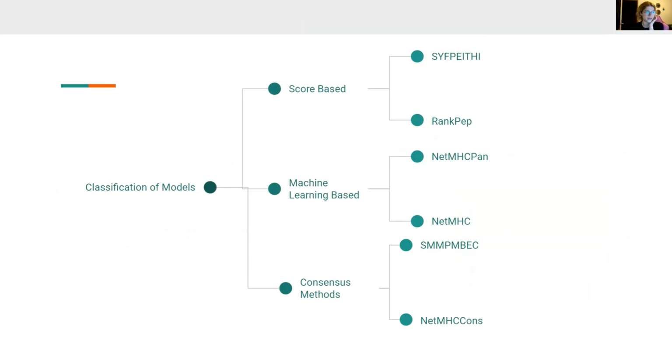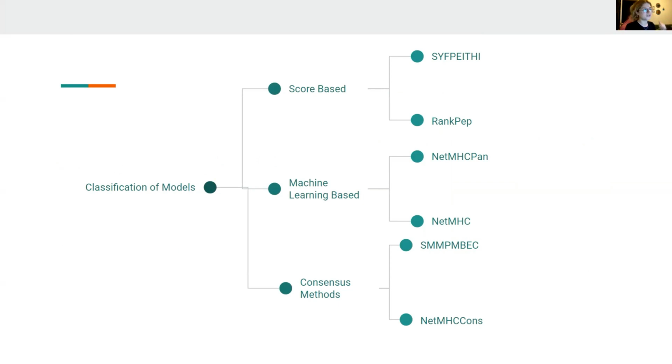We can classify them into three different categories: score-based, machine learning based, and consensus methods. I'm going to explain them later in detail. This one, SYFPEITHI, I don't know if this is the right pronunciation, I just read it so it can be a mispronunciation.